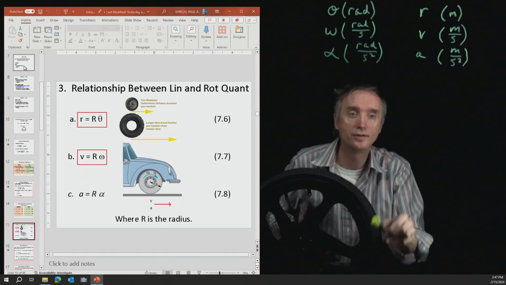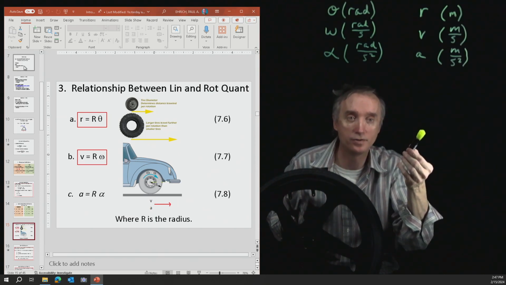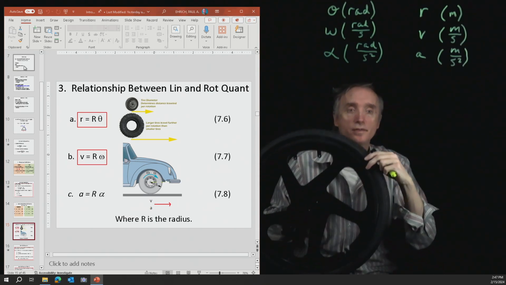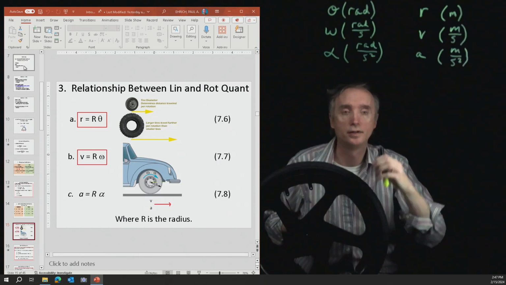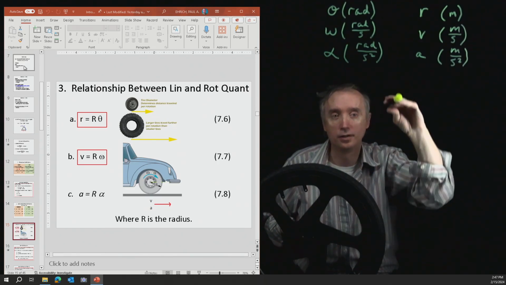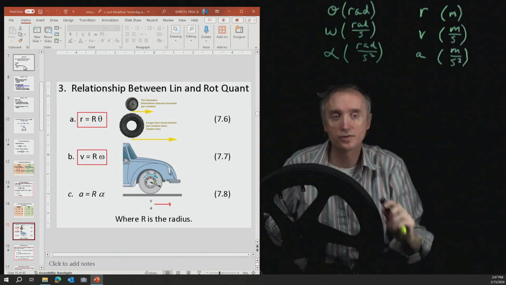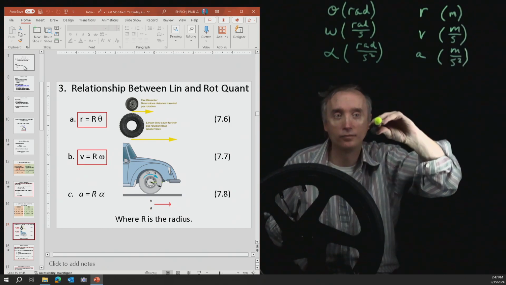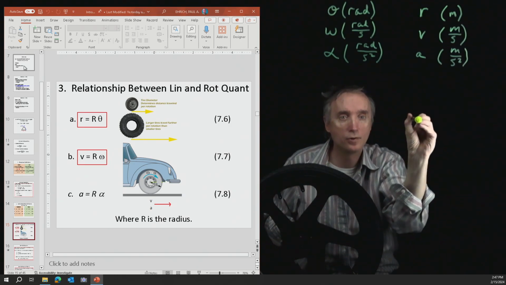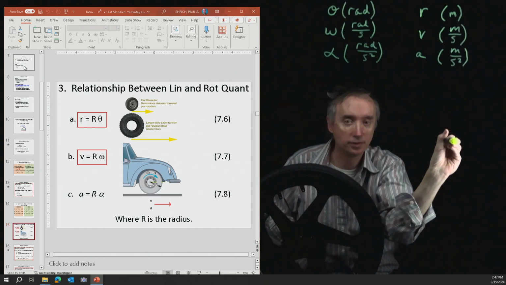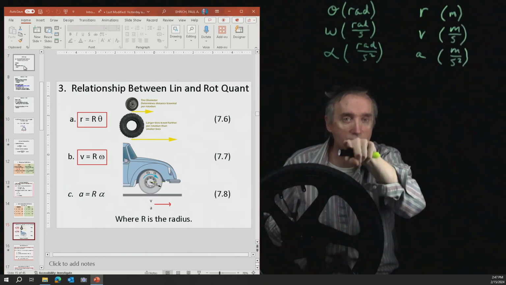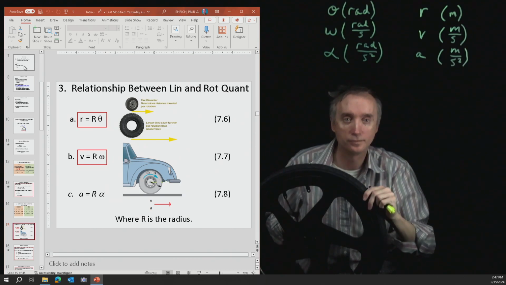So you could do another experiment if you wanted to. This time, instead of this big wheel, take this thing, put it on the floor next to your ruler, and very carefully make it go around in a complete circle and measure the distance it travels sideways.